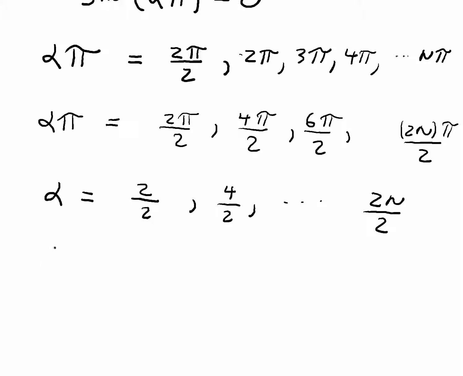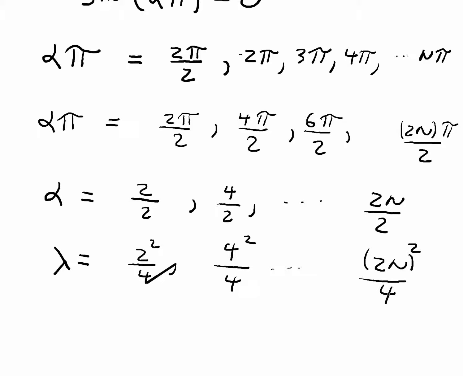So then lambda, in this case, the square of alpha, is going to be, well, 2 squared over 4. And, oops, sorry. It's going to be 4 squared over 4. And in general, we get (2n) squared over 4.